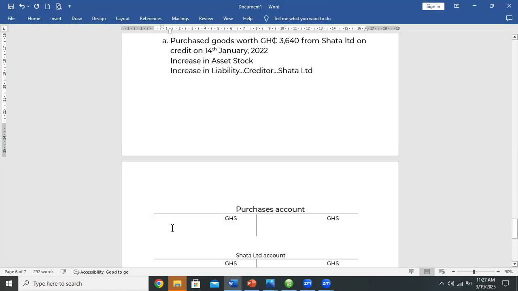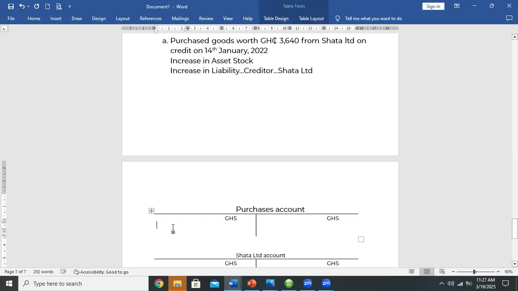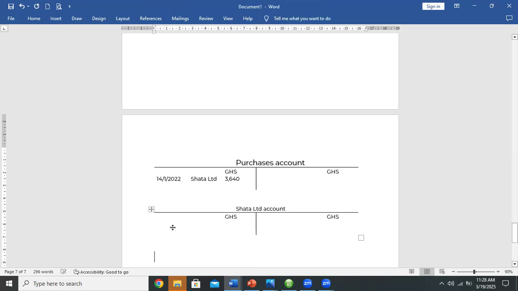But what account are we debiting? Purchases account, right? So you put the date, 14th January 2022. The details will be the other account, which is Shatter Limited. Then you put the value there, 3,640. And then in the Shatter account, we credit it. Why? Because there is an increase in liability.